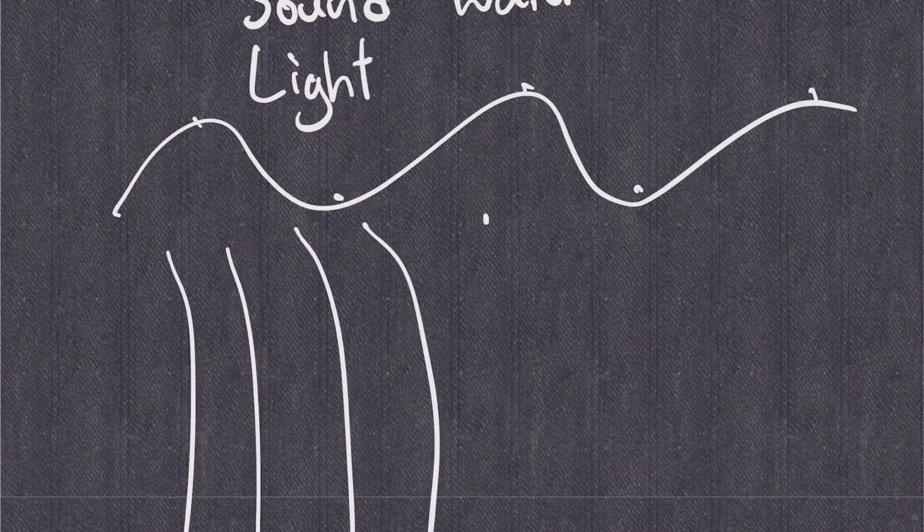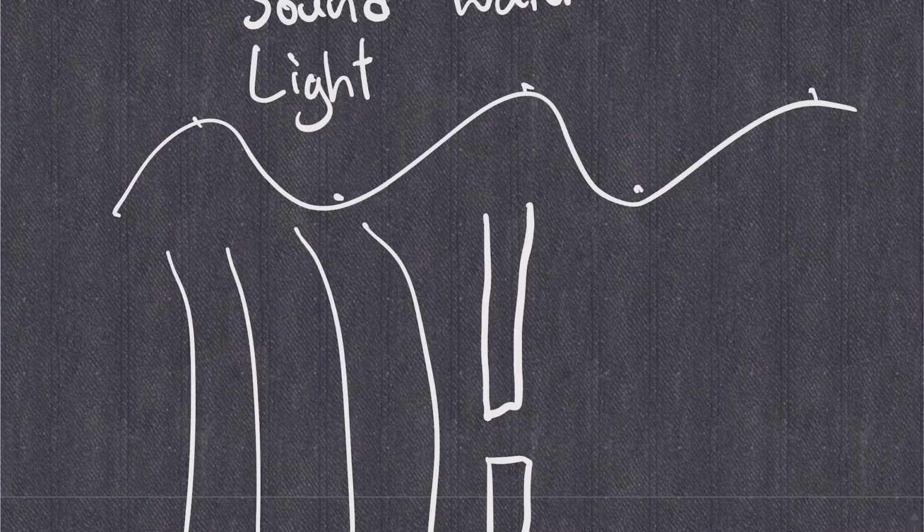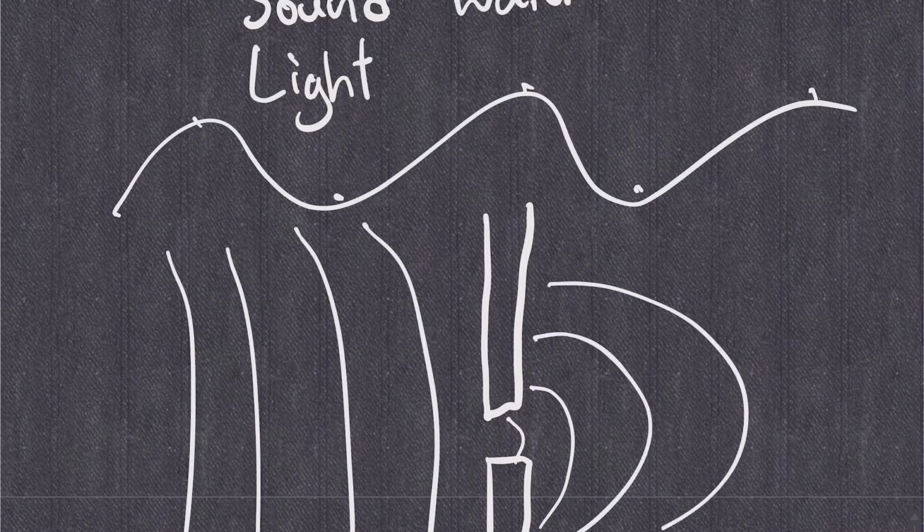You could have sound waves that come this way and attempt to pass through a doorway here. But rather than continuing in the same pattern that they had before once they passed through the doorway, the waves were found to diffract and emit this pattern. And people had absolutely no idea how this was taking place.